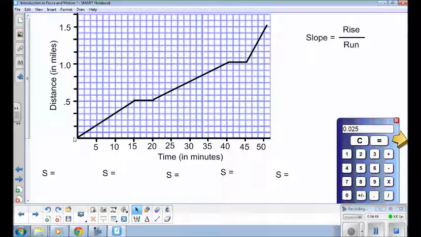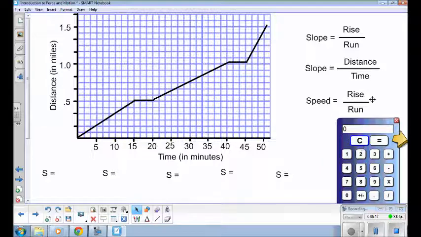Run is equivalent to the x-axis, which is equivalent to time. So I can rewrite this formula, slope is equal to distance over time. Now I hope that this distance over time will look remotely familiar to you, and you'll recall that that is in fact the speed equation. As a result, we can rewrite the speed equation as being rise over run.